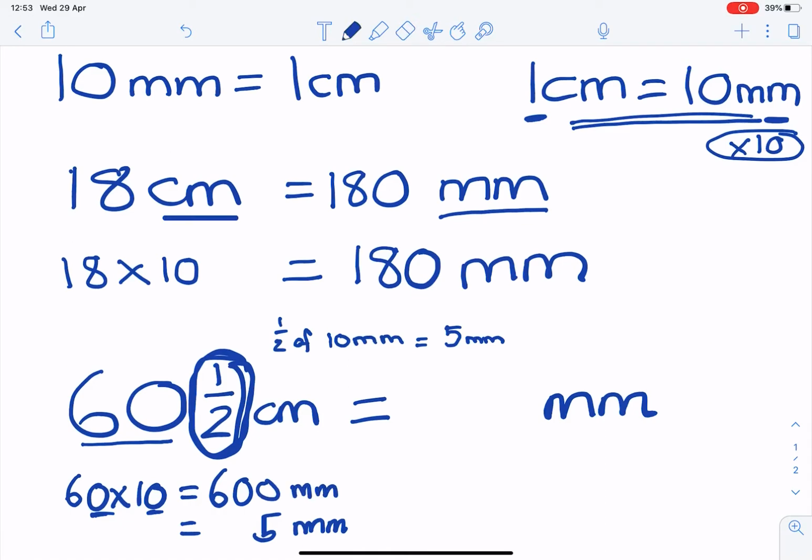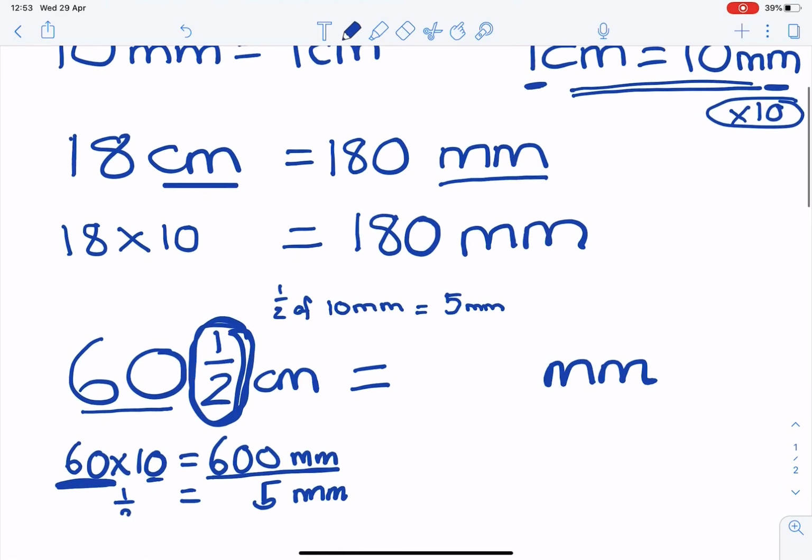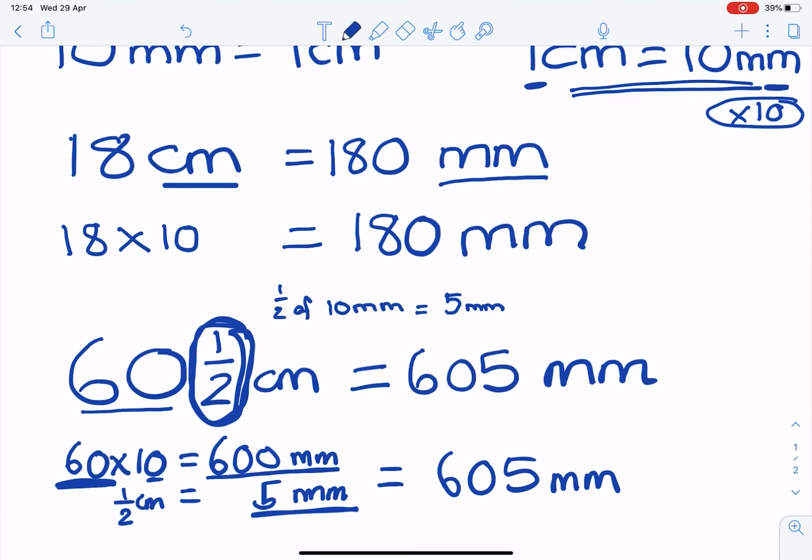It was millimeters. So, our 60 centimeters has become 600 millimeters. Our half a centimeter has become 5 millimeters. If we add those together, we will get 605 millimeters. So we know that 60.5 centimeters is the same as 605 millimeters.